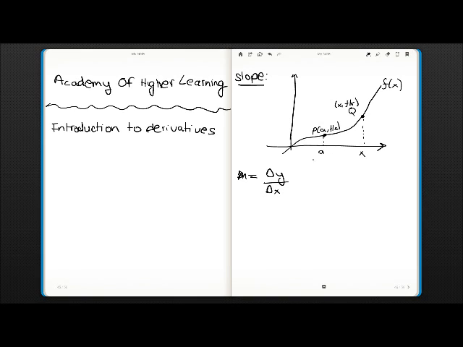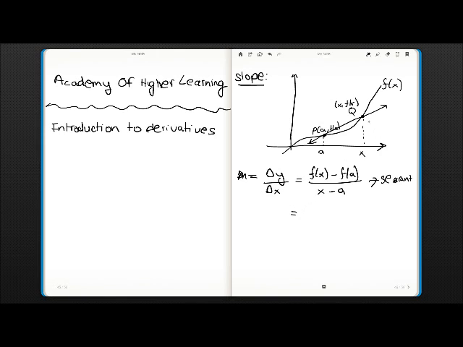And the change in y is f at x minus f at a, all over x minus a, which is the change in x. But if you can see, it's more of a secant.